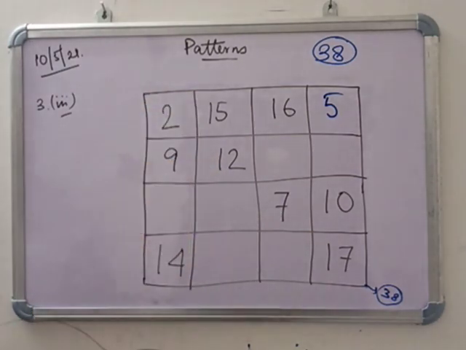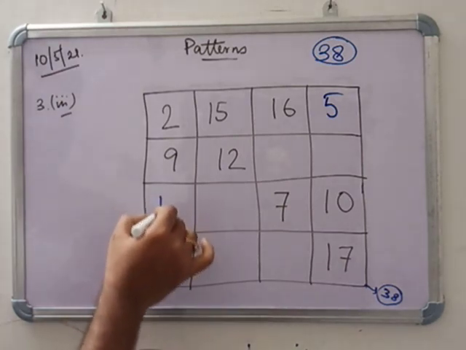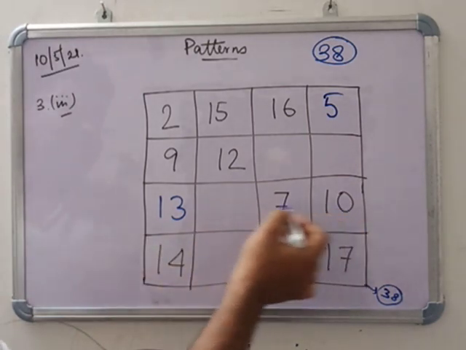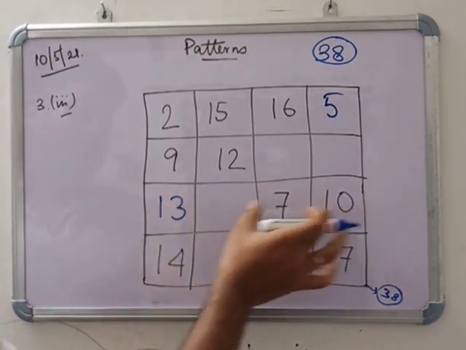Now this one. 2 plus 9, 11. 11 plus 14, this is 25. That means this is 13. 13 plus 17, 30.